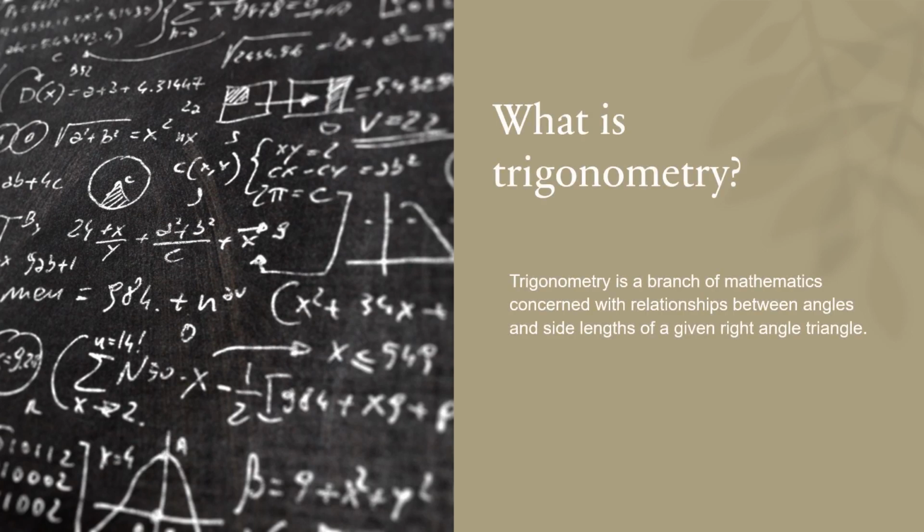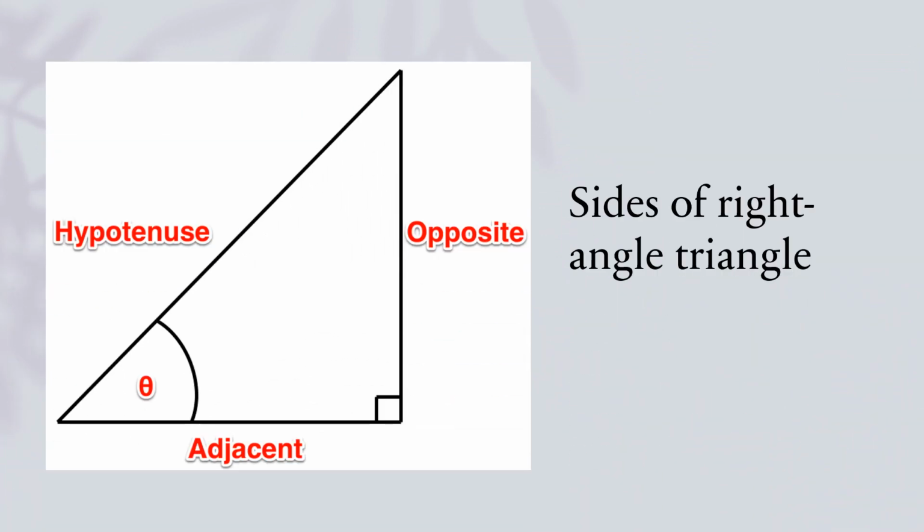What is trigonometry? Trigonometry is a branch of mathematics that concerns the relationship between angles and sides of a given right angle triangle. So when I say right angle triangle, these are the sides of a right angle triangle.